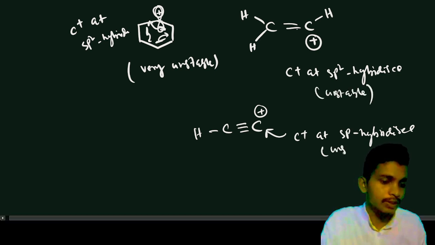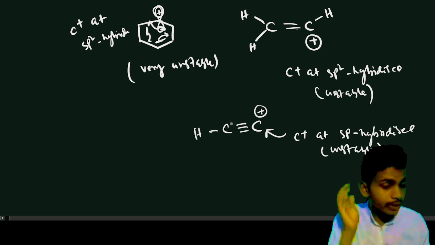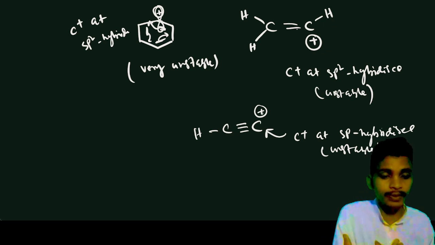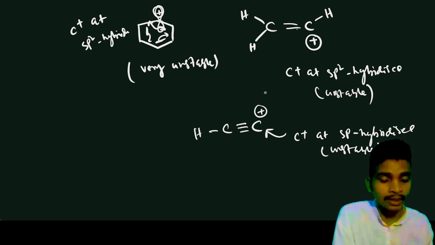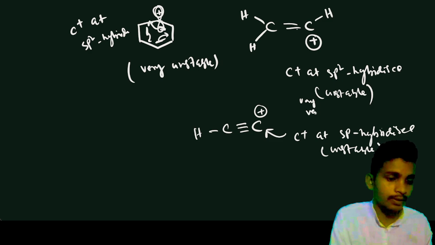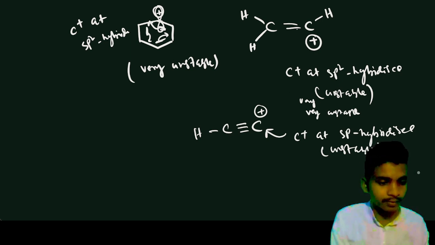This type of thing we will never form, because it is itself an electron deficient group, and forming another electron deficiency will never happen. Very unstable, so we never form this type of carbocation.